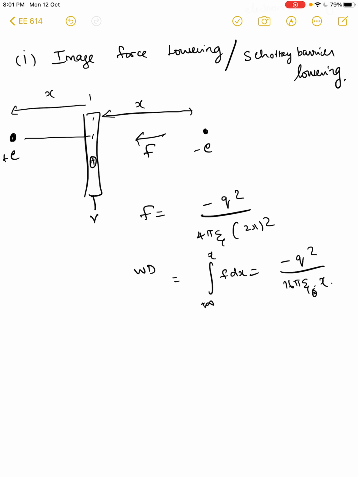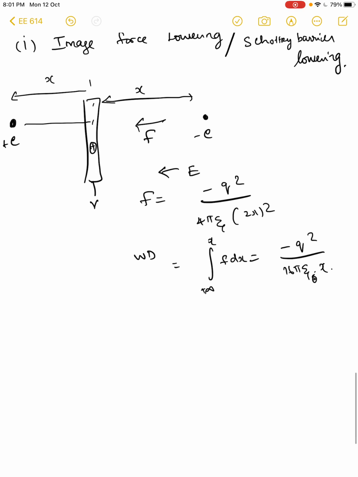Now what happens if there is a constant electrical field E, once again in proximity to this metallic sheet? Instead of this spatially dependent force, you have an external force which now is just minus q into E, because this E is a constant electric field that I have applied, right?